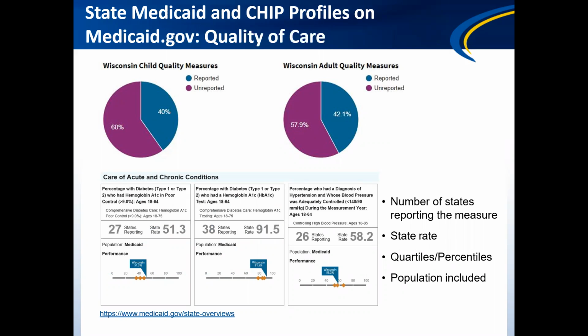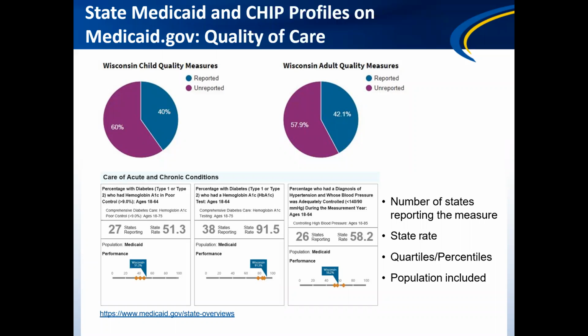And I chose a state that is not participating in round 3 of 618, somewhat randomly, but one that did include one of the 618 measures here on this screenshot I could get. So you get a sense of how many of the publicly reported measures the state is reporting, and then you can see a few of the tiles that show the performance of the state on those measures vis-a-vis the national medians and quartiles.